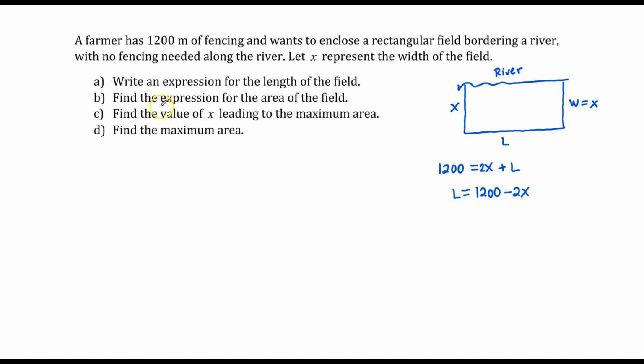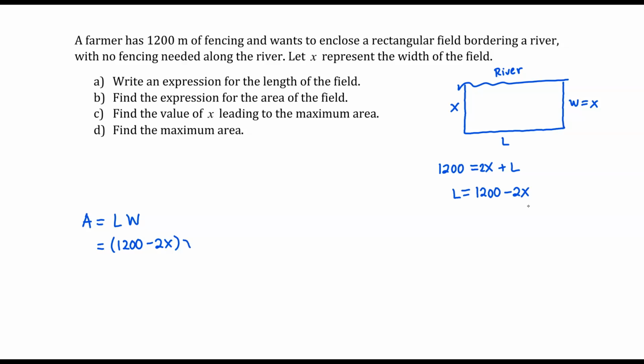Now to find the expression for the area of the field, we know that the area of a rectangle is length times width. Now our length is given by the expression here, that is 1,200 minus 2X.